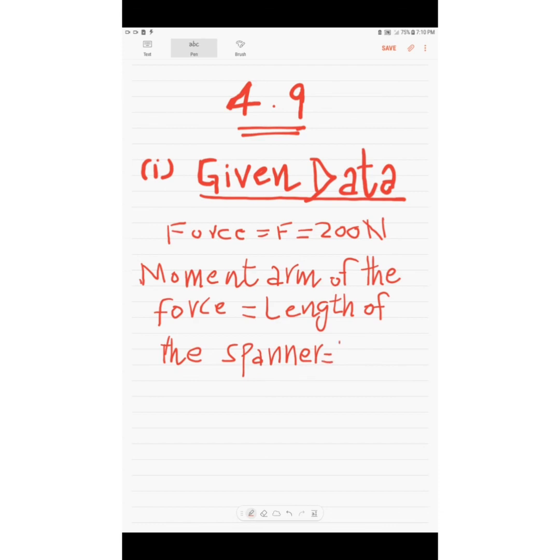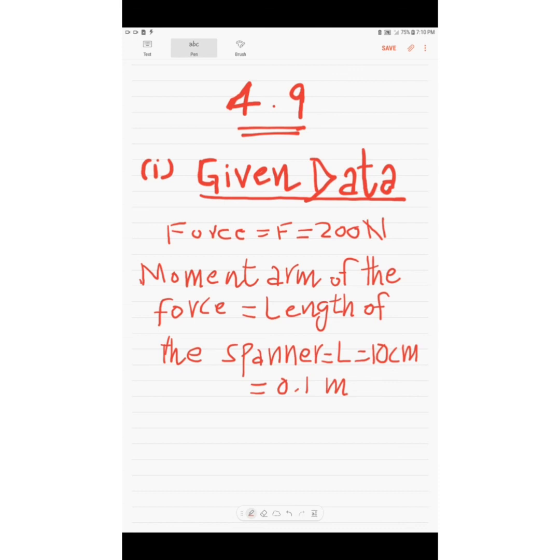Symbol for moment arm is L, and L is equal to 10 centimeter. You have to change it into meter. Dividing by 100, you will get 0.1 meter.